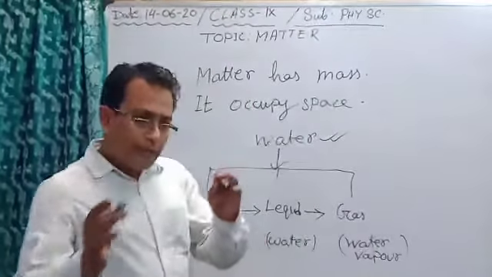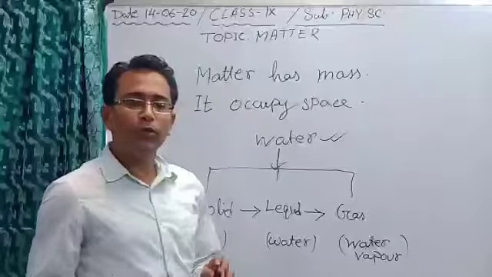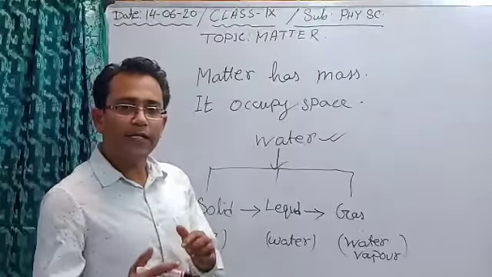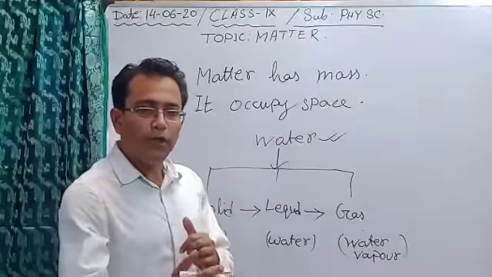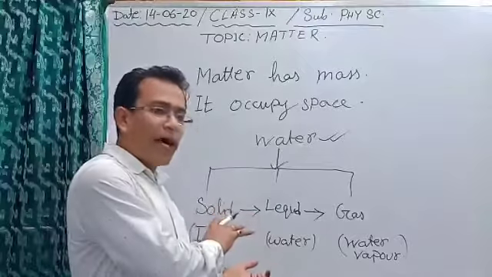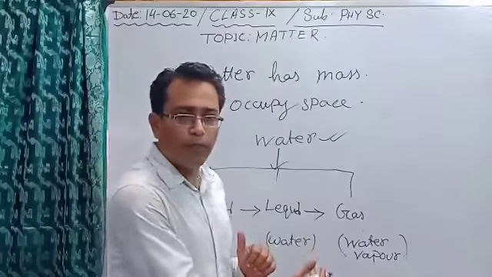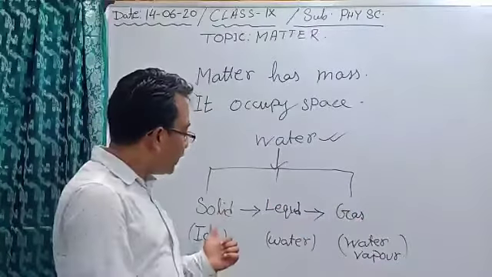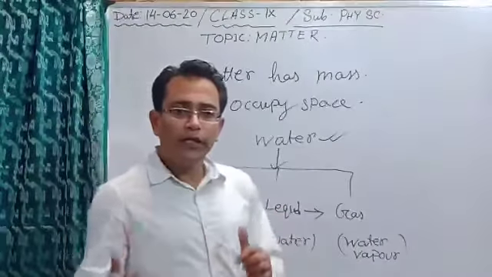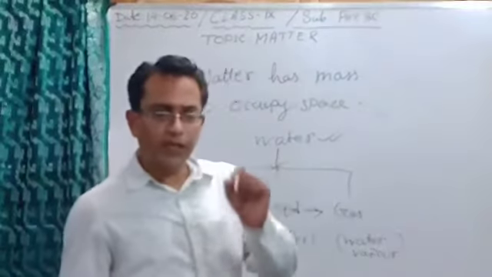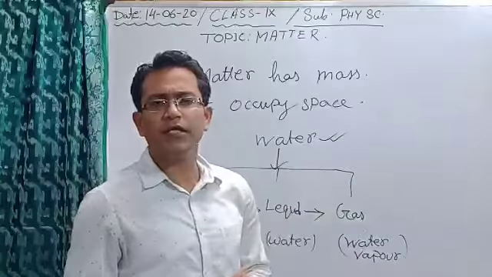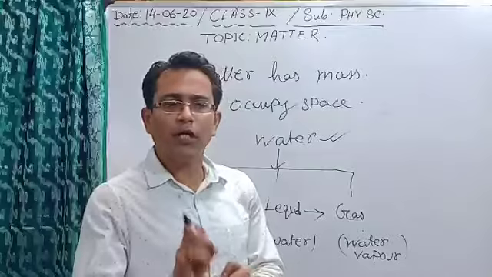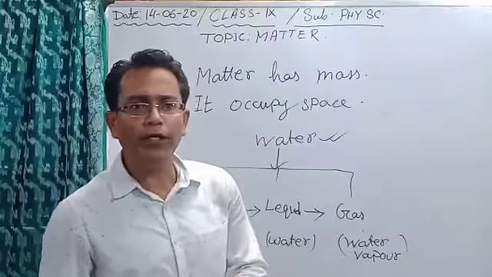So, through this simple example, we can say that matter can transform from one kind of form to another, that is, solid to liquid, liquid to gas. From solid to liquid, it has a particular temperature. Every metal or every substance will start to melt at that temperature, which is known as the melting point.